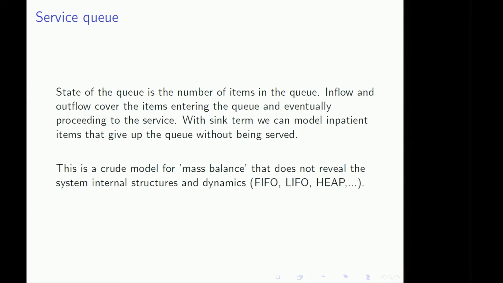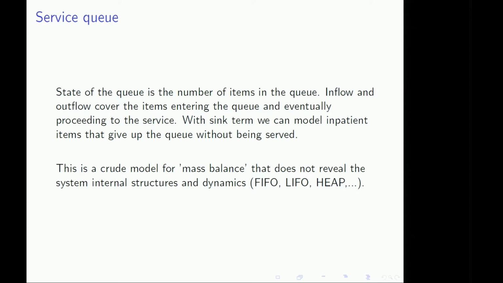For example, if you are modeling a queuing situation where part of the queuing items are not patient enough, so they give up queuing without being served and disappear from the system, that can be modeled as a sink term of the queue, especially if the rate of lost items is proportional to the volume of the queue, so the number of items in the queue, rather than individual waiting times or so.